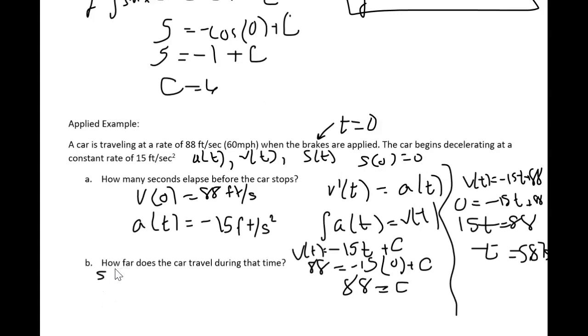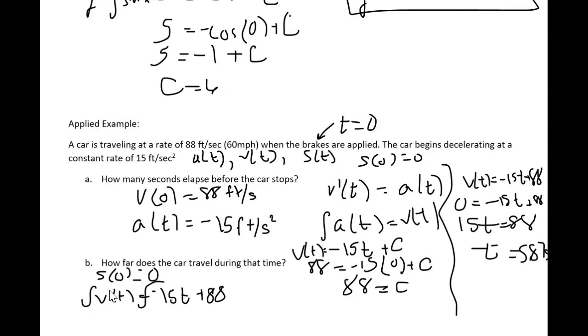So defining s(0) equals 0, we've basically got another initial value problem, because we have v(t) equals negative 15t plus 88 from our part A answer, and we're going to integrate that. And that's going to give us our s(t).